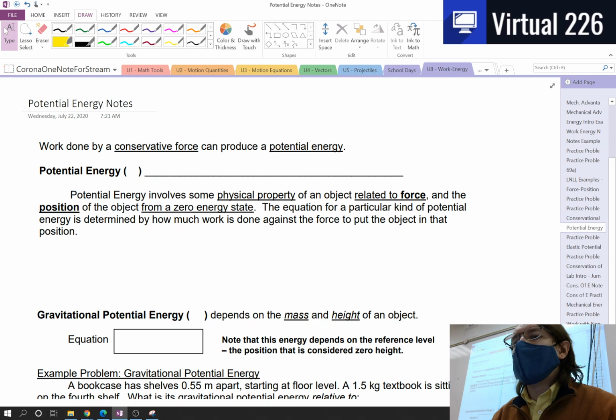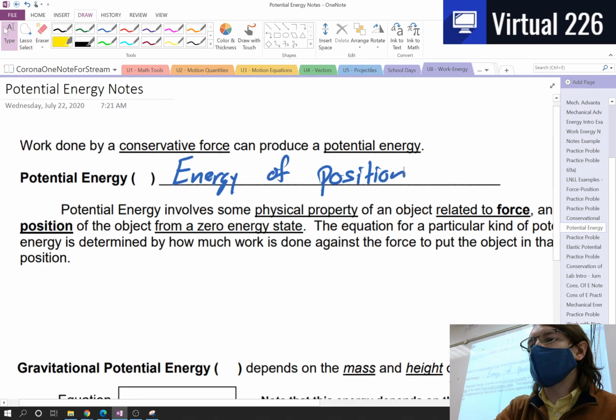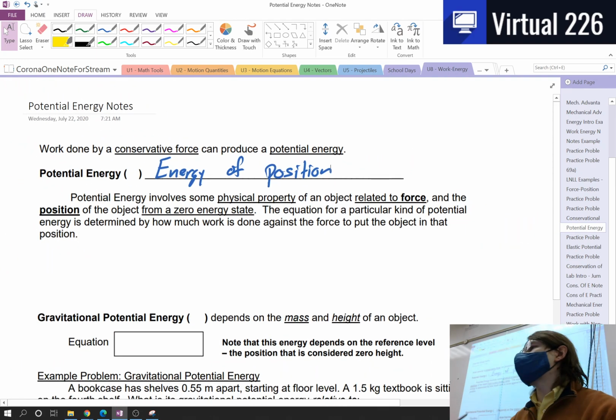Okay? Now, when we talk about potential energy, what we're really talking about is the energy of position. Your potential energy is entirely based off of your position.